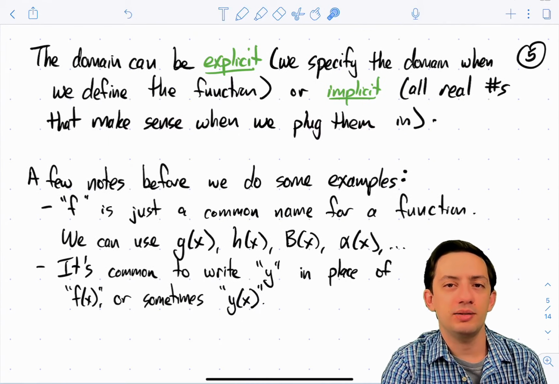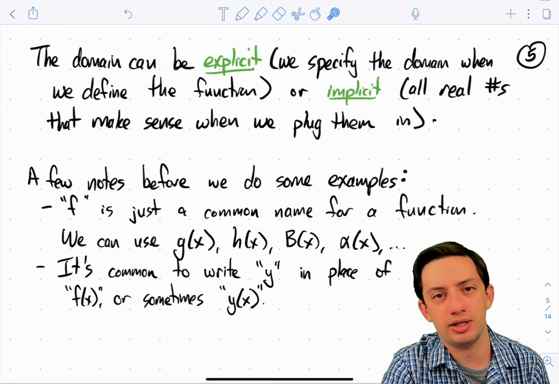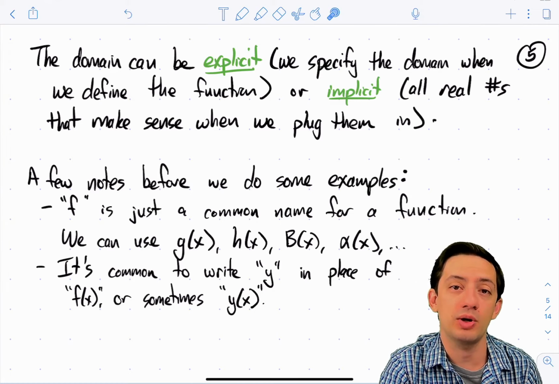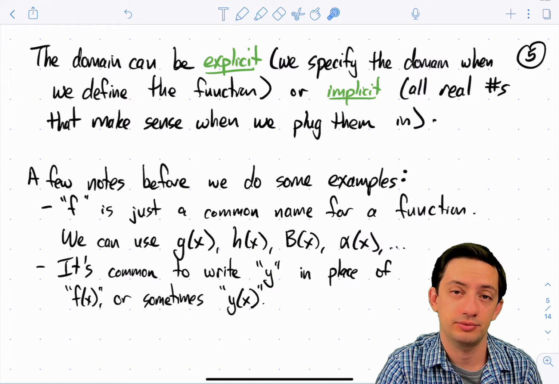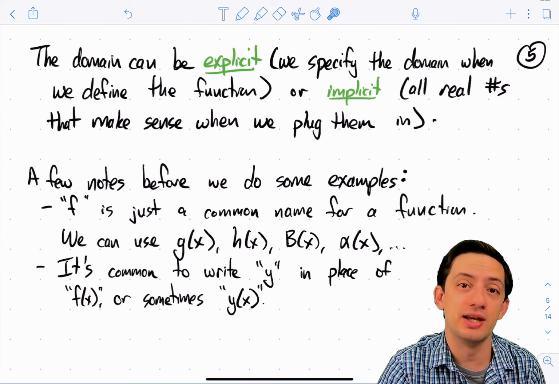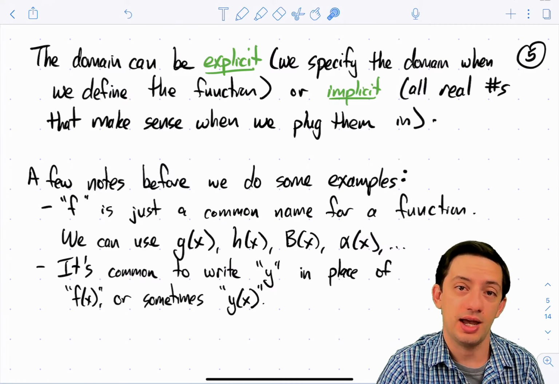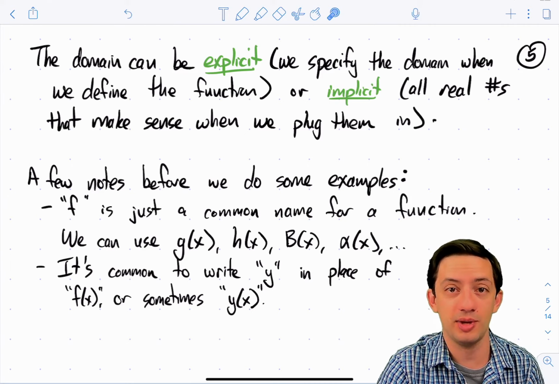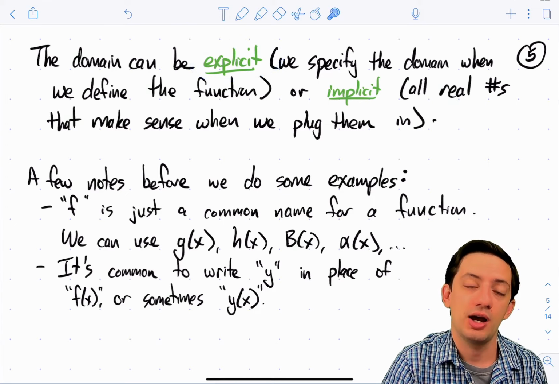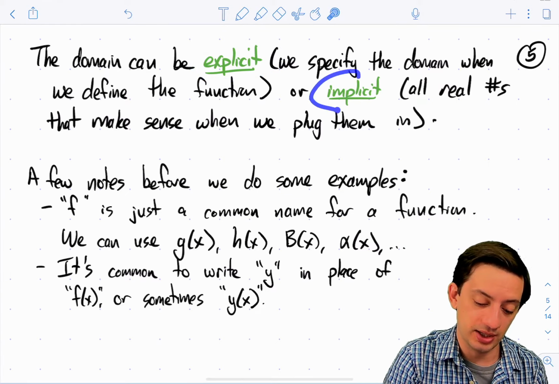Now the domain can be a little bit tricky. Sometimes the domain is explicit, and what that means is that when we define the function, because we can define any kind of function we want, we specifically say what the domain is. And if we specify what the domain is, then that's it. That's very easy. That's an explicit domain. Other times, the domain can be implicit.